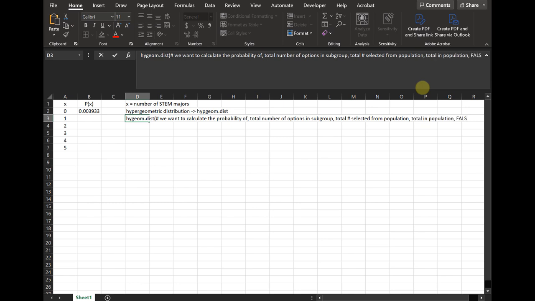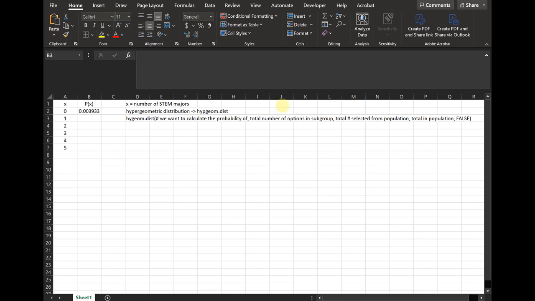And then you always follow this up with false. So this is an alternative way to think about the prompts, although honestly, once you get used to the prompts, you should be used to what it's asking for. And okay, now I should be able to just drag this down.